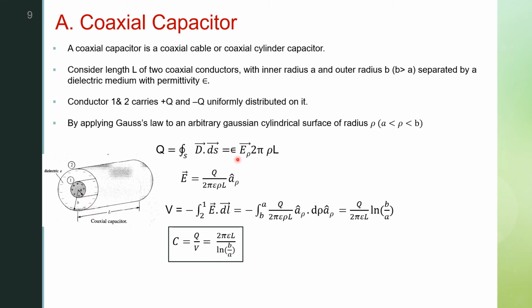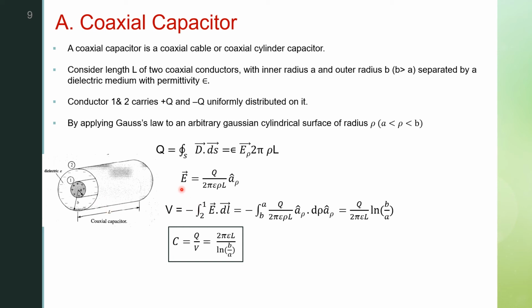Substituting, we get Q is equal to the closed integral of D dot dS, which is equal to epsilon E rho 2 pi rho L. From this we get E is equal to Q by 2 pi epsilon rho L a rho, because only the rho component exists.